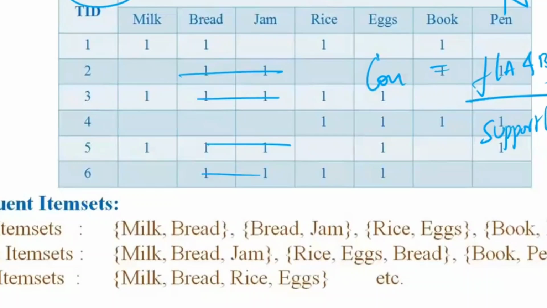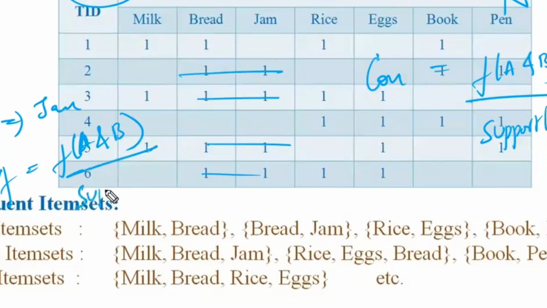Now the same question with respect to bread with jam. Support remains the same. The combination will remain the same. Support will not change because it is divided by the total number of transactions. But when it comes to confidence, the confidence is frequency of A and B divided by support of A, where the support of A is now bread, not jam.